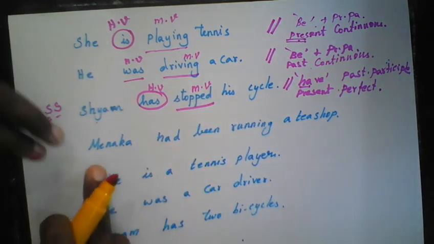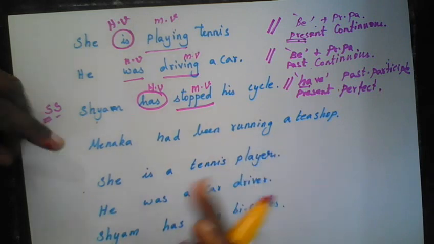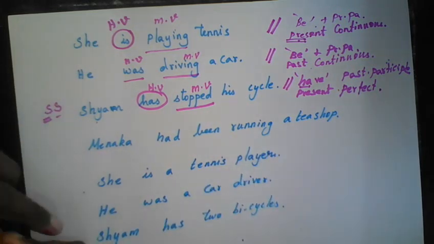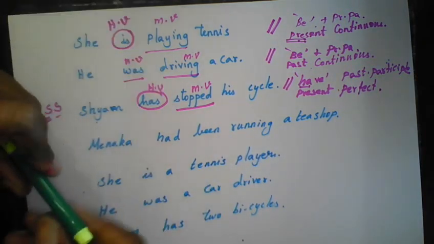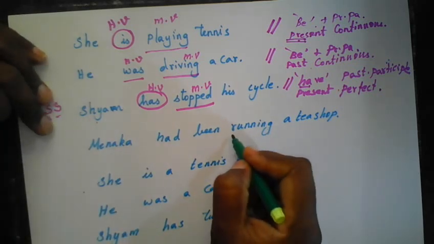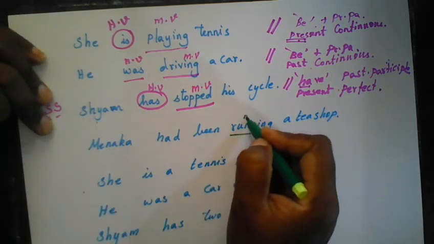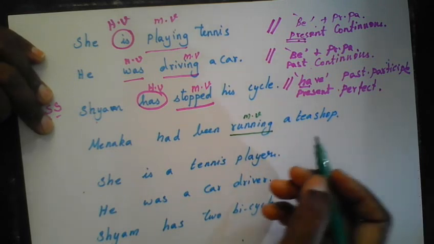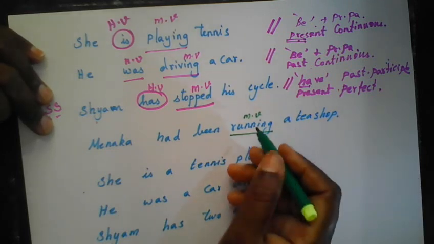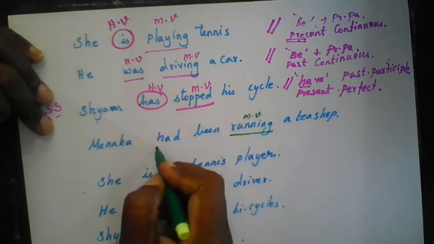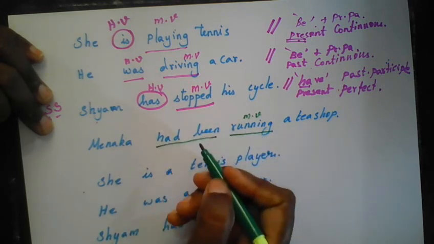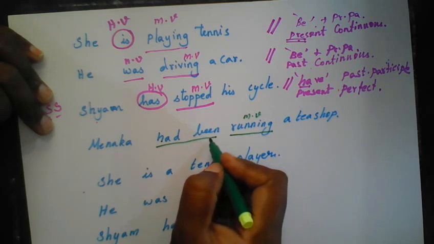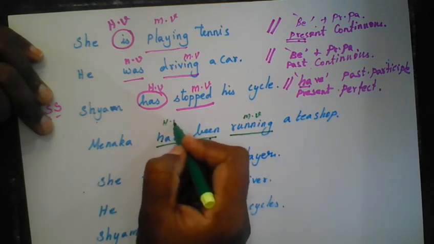Now come here. Menaka had been running. Here what is the main verb, my dear children? Running is your main verb, right? Running a tea shop. So here had been becomes your have verb and your be verb becomes your helping verb.